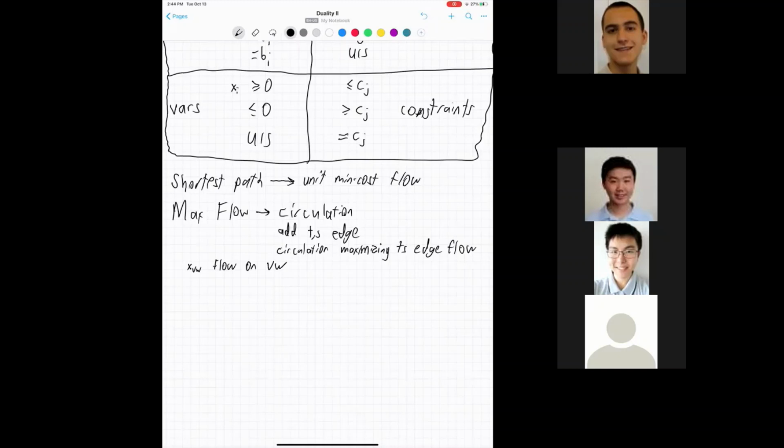Yes, good, thank you. All right, so what's the objective function for this max flow? Max XTS. Exactly. So W star equals max of XTS. And now what are my constraints?